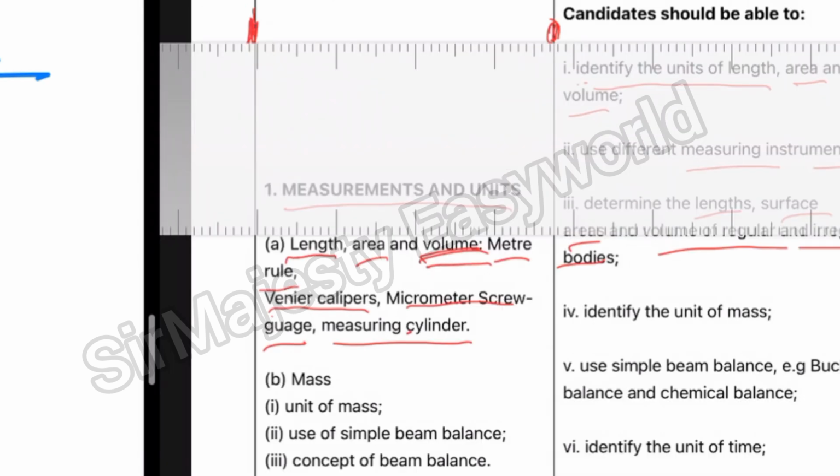Now, if these readings are 1 cm, that means this is 0 cm, 1 cm, 2 cm, 3 cm. That is 3 cm. This is 1, this is 2, and this is 3. This is 3 cm, 3 points.